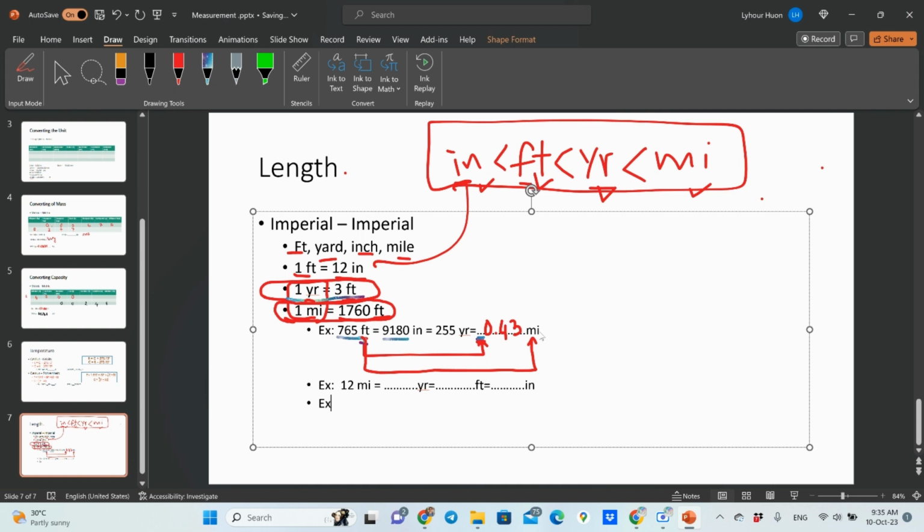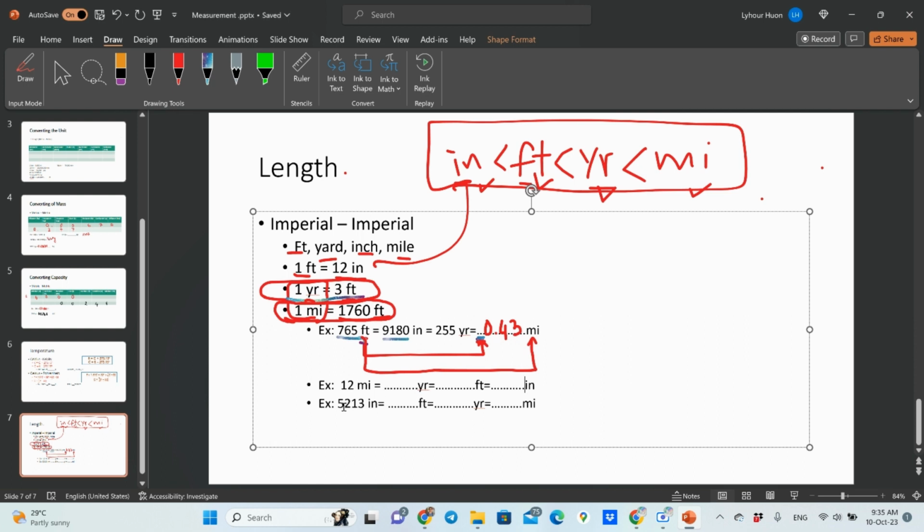Another one is 5,213 inches to feet, to yards, to miles. Okay, these two for you.